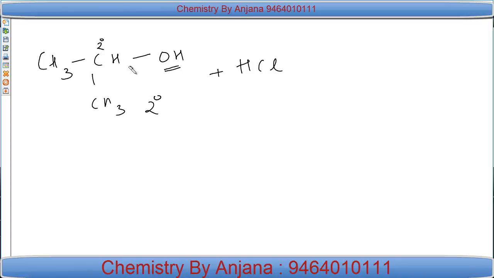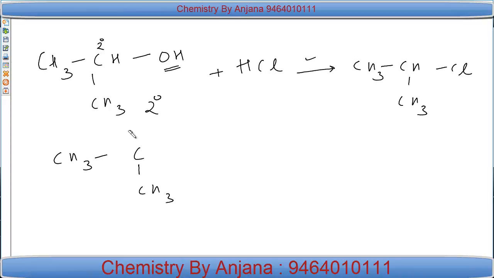If I make this secondary alcohol react with HCl under similar condition, I get a secondary alkyl halide, for example, like this, CH3, CH, CH3 and Cl. Same ZnCl2 I have used over here also. Similarly, if I choose now a tertiary alcohol, CH3, C, CH3, CH3 and then OH. This is a tertiary alcohol. And if I choose a tertiary alcohol to react with HCl in combination with ZnCl2, I get a tertiary alkyl halide.